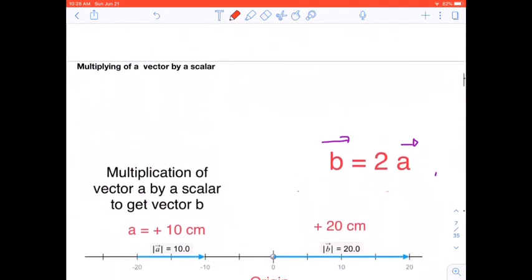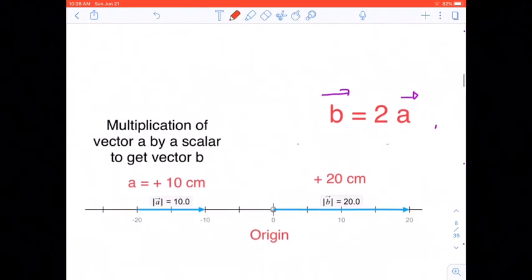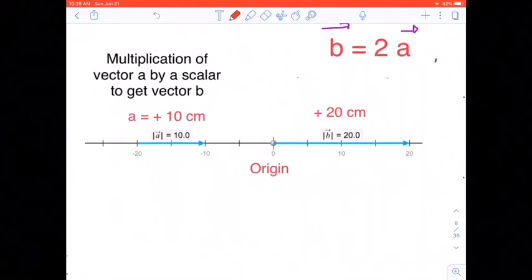Now, multiplying of a vector by a scalar. Here we have again the magnitudes given, and A has a magnitude of 10, B has a magnitude of 20, and A is in a plus direction. Here I have indicated the 10 as centimeters.